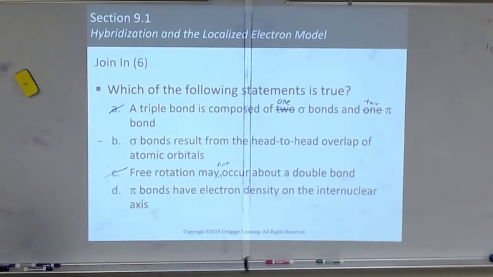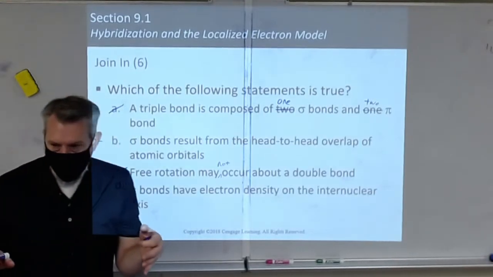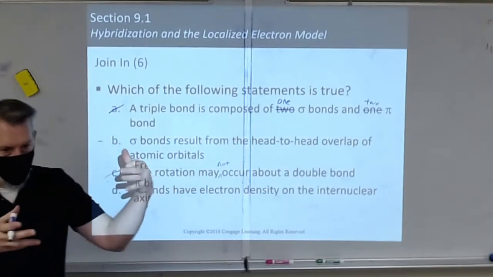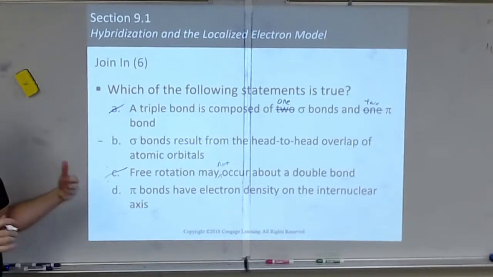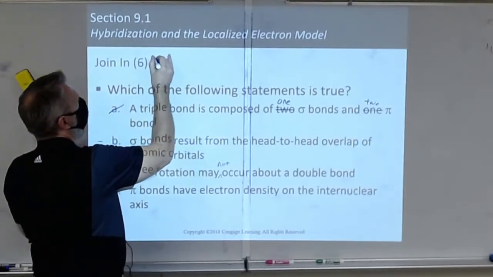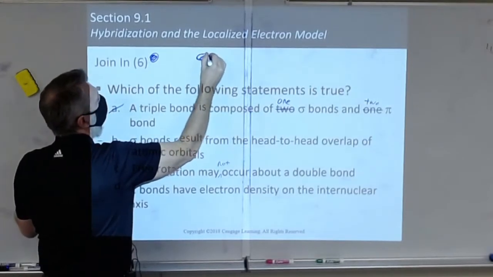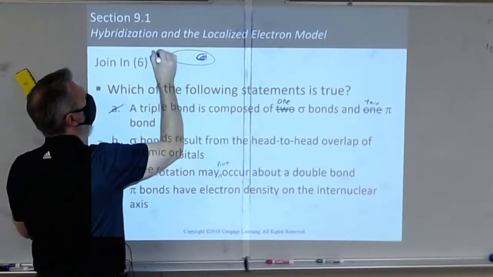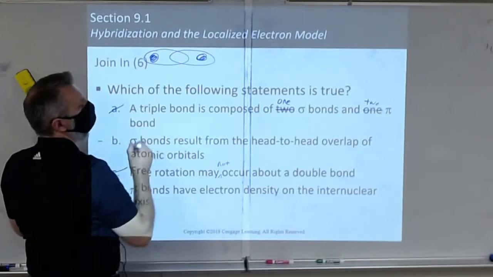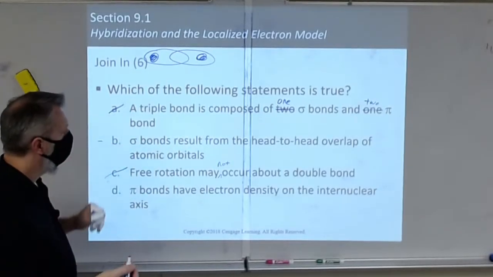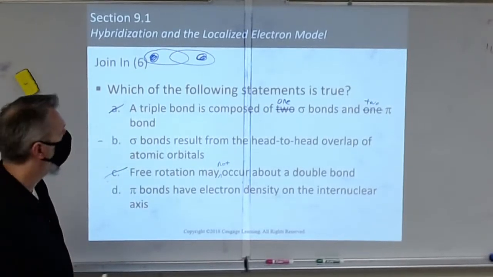Pi bonds have electron density on the internuclear axis. True? I don't think so. All right, let's go back again. Remember those really pretty three-dimensional pictures we had? So I've got my nucleus of this atom and of this one, right? Okay, that's my central overlap.